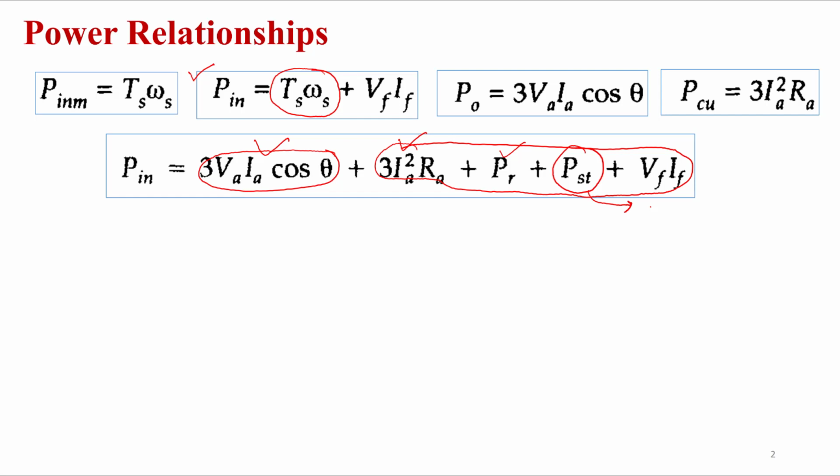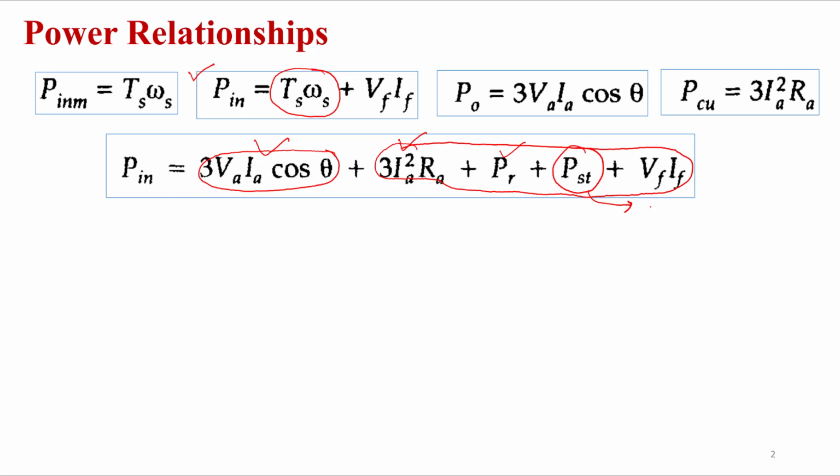Because if we give a fundamental frequency supply to a load, it will have a different power as compared to a harmonic mixed supply to the load, right? So this stray load loss is because of the harmonic content in the supply, and the resulting change in load is known as stray load loss. Although it is very minimal and has very little impact.